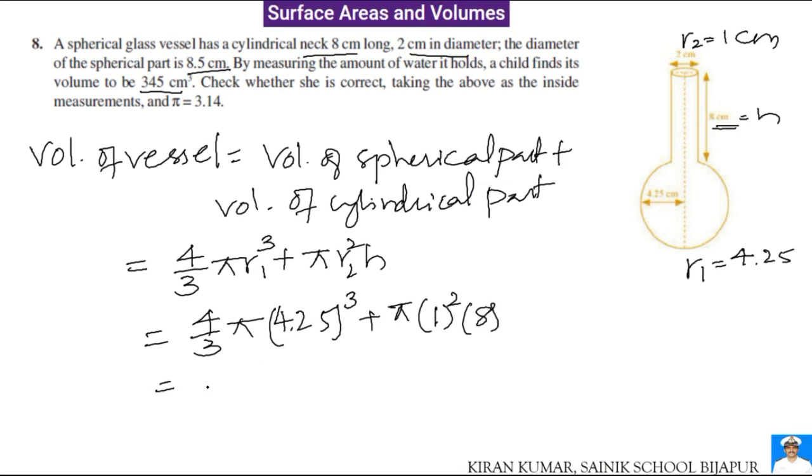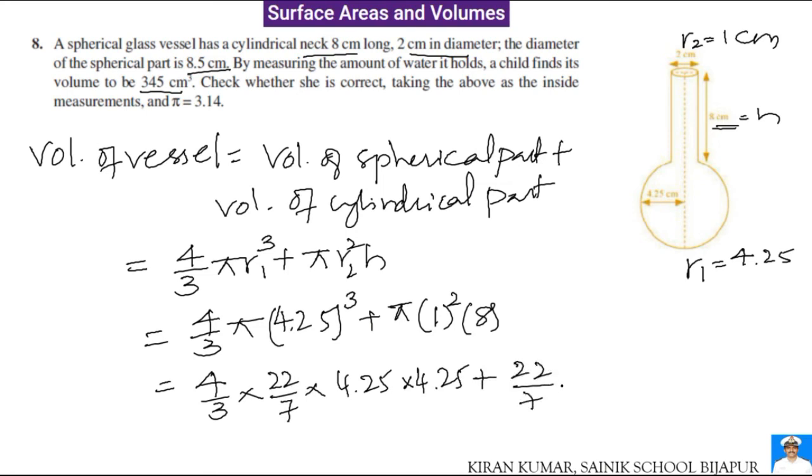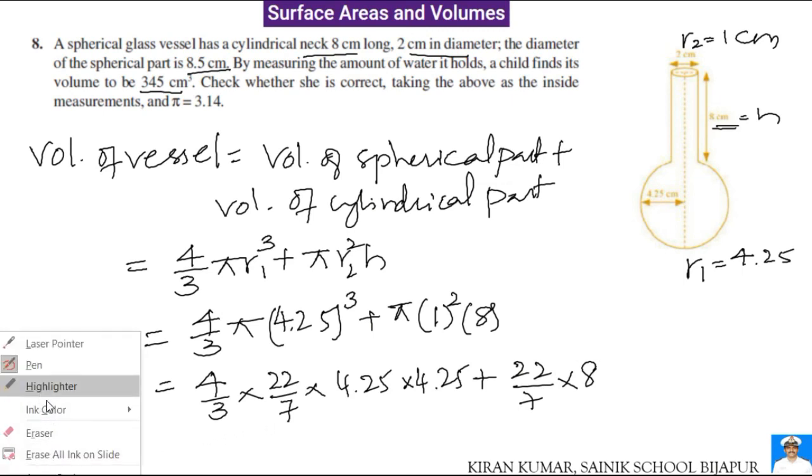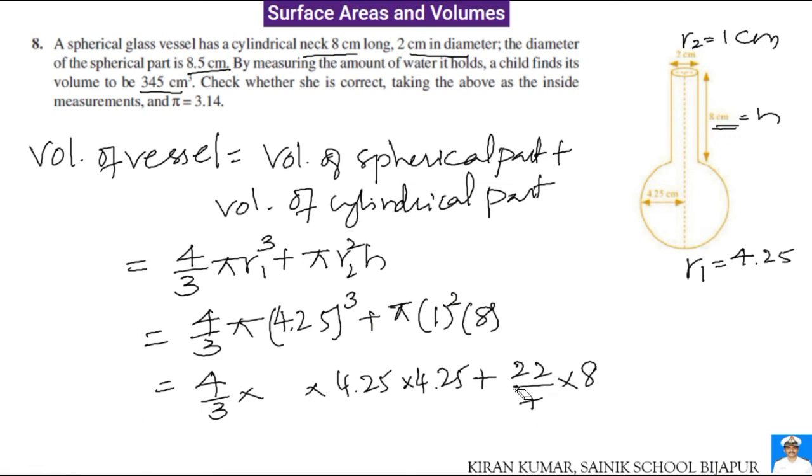Therefore, we get 4 by 3 into 22 upon 7 into 4.25 into 4.25 plus 22 upon 7 into 8. Sorry, they have given pi value should be taken as 3.14, so 22 by 7 will not work.